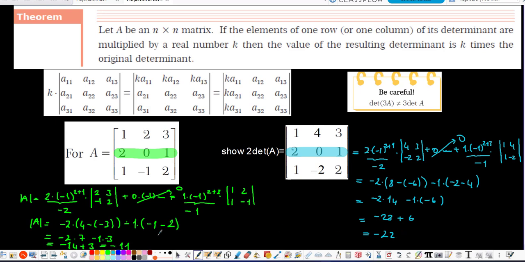Minus 22, the determinant of A is equal to 2 times minus 11, which is equal to 2 times determinant of A, it should be.